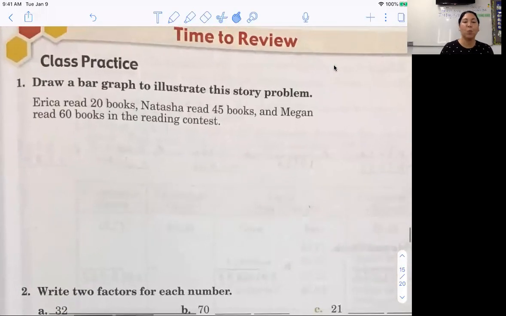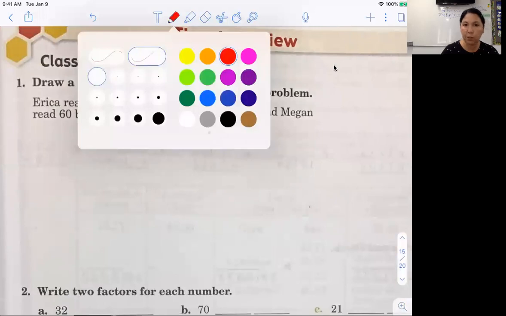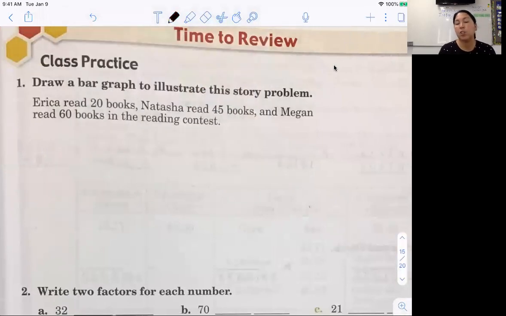For problem number 1, we're all going to draw a bar graph to illustrate this story problem. Erica read 20 books, Natasha read 45 books, and Megan read 60 books in the reading contest. Now I'm going to help you guys out by helping you get this graph drawn on your paper, but you're going to have to fill it in, okay?